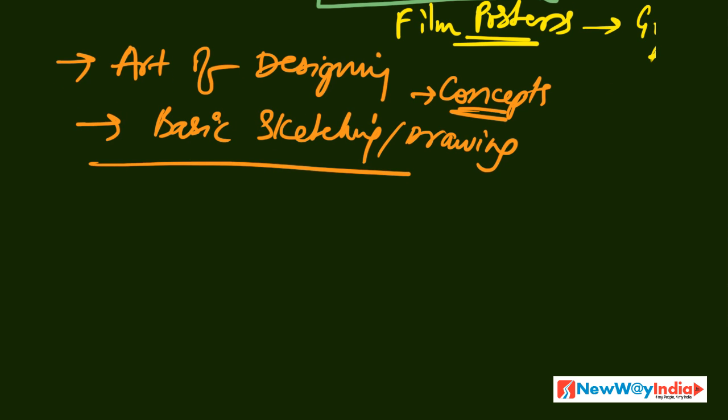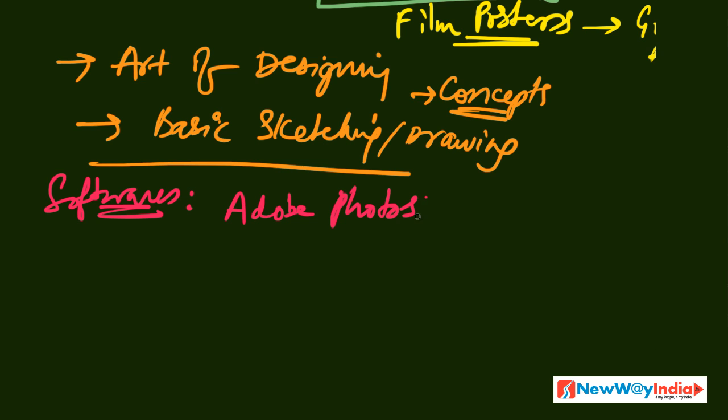Then what are the softwares required? After learning these concepts, first and foremost is Adobe Photoshop. This is a world famous software, the first fundamental software, an image editing and digital painting software you need to learn to enter graphic designing.